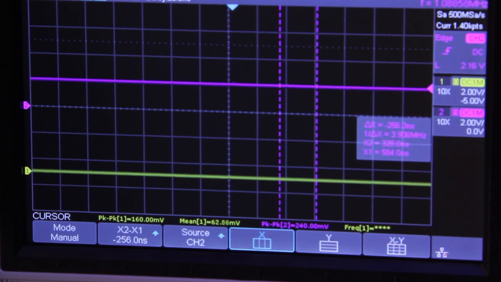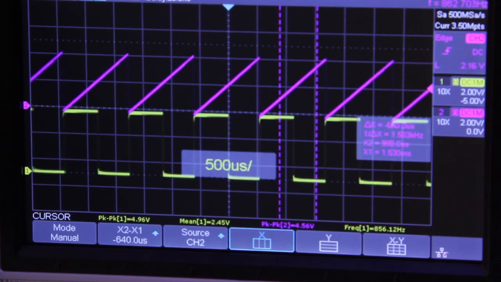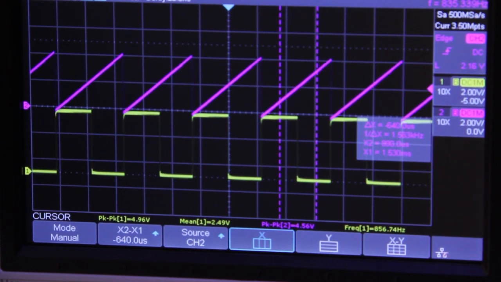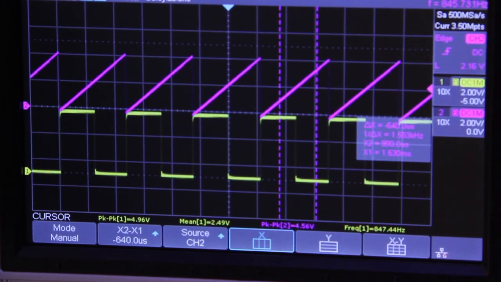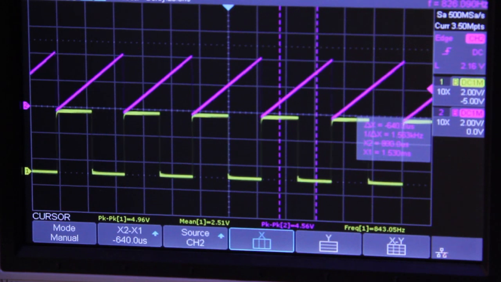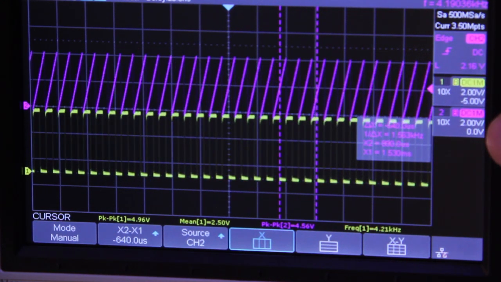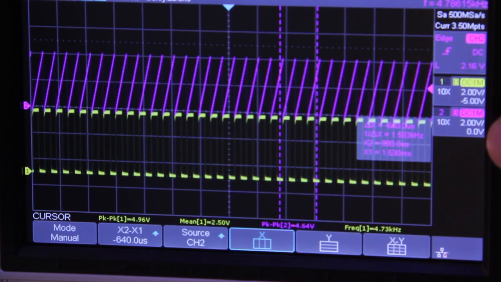Going down to the lower frequency, you can see we reached 840 hertz, but we are at the limit, because in fact we see there is a little bit of instability. Minimum workable value is about 10 kilohertz.